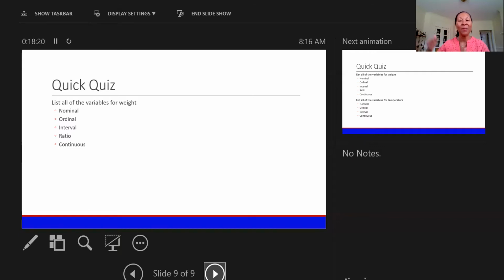So again, there's some order to that. Weight is also interval. We know that the difference between 1 pound and 2 pounds is the same as the difference between 2 pounds and 3 pounds. So again, we can order this.